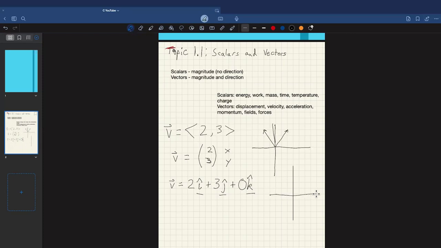But if I have, for example, a 2-dimensional space, again, we're not going to worry too much about 3-dimensional right now, and also I'm bad at drawing 3-dimensional. But you would have your x-axis, your y-axis. So what i hat looks like, i hat is again a unit vector. So it's a grid space of 1. It has a magnitude of 1.